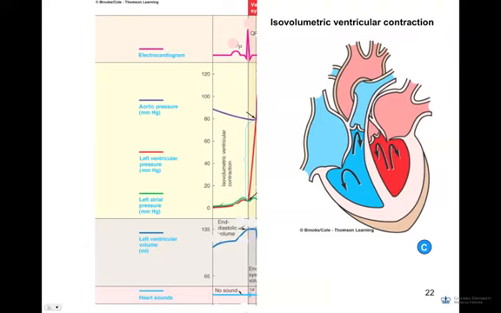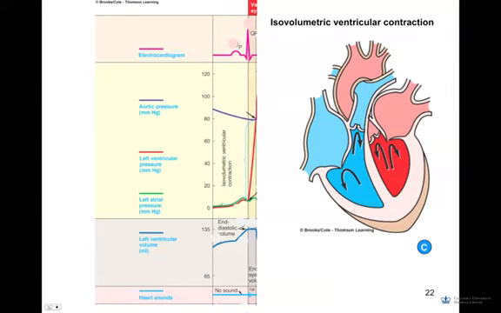Okay? So now what's happening? We have ventricular contraction, right? We've gotten into ventricular systole. And as the ventricles contract, the pressure in the ventricles is increasing. Okay? And you see this red line, ventricular pressure, is increasing.